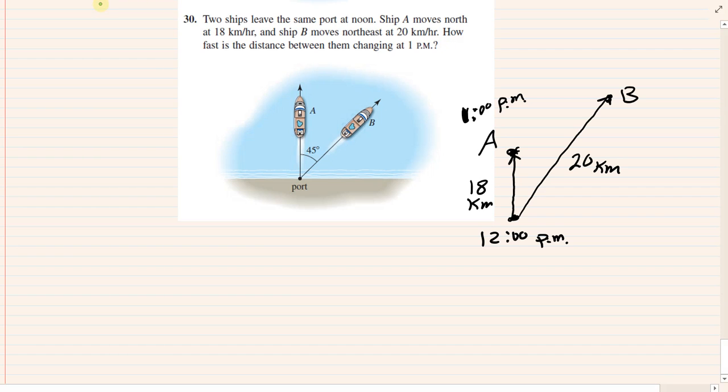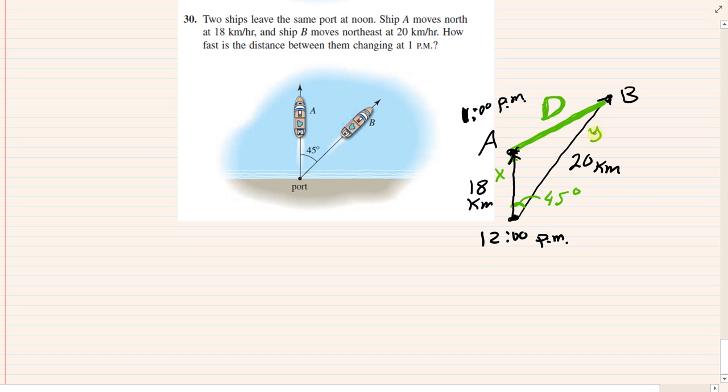Well, the distance between them is this distance, right? Call it capital D for distance between them. We want to know how fast the distance between them is changing. Now, we are given this angle is 45 degrees. Okay, so we need again an equation that joins, call this the distance A travels, I don't know, let's use X and Y for these.